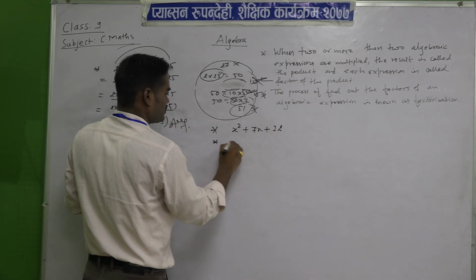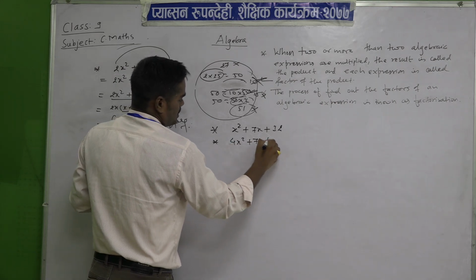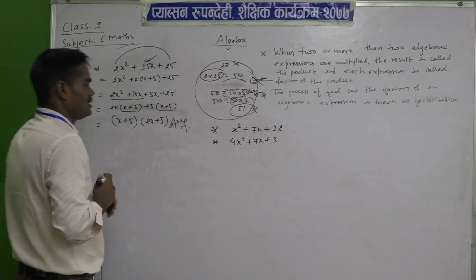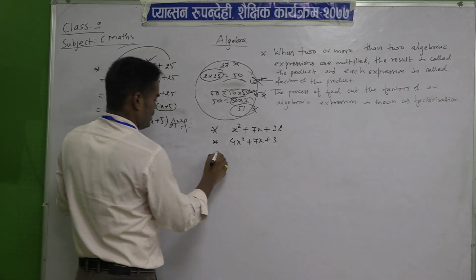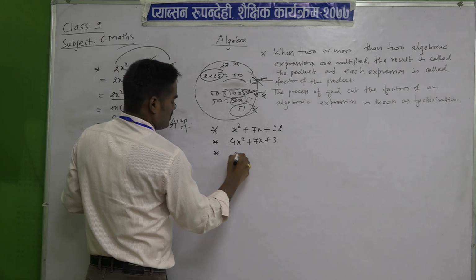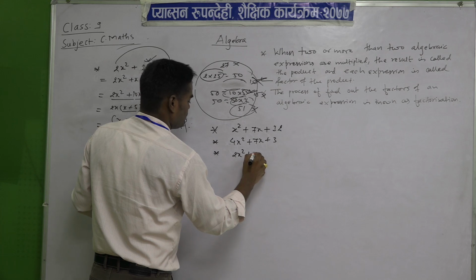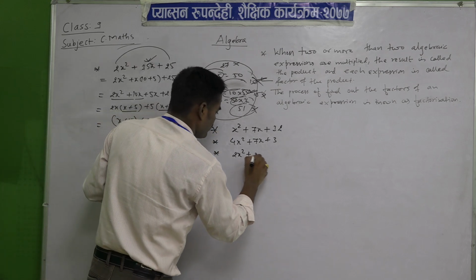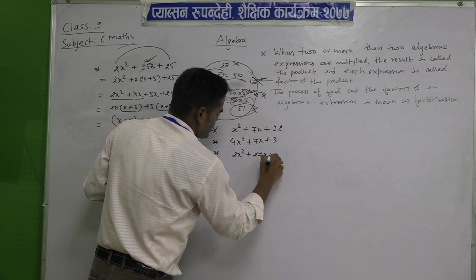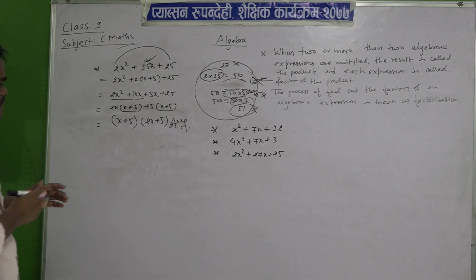Likewise, 4x square plus 7x plus 3, and then after 2x square plus 27x plus 25.